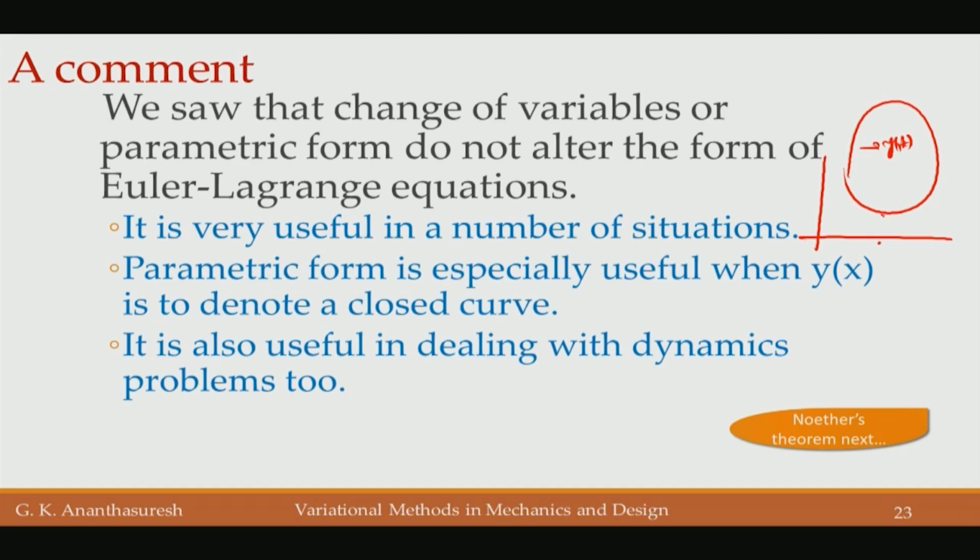But in optimal design or geometry problems, when you have closed curves, it is not really a function. If this is x and this is y of x, for the same value of x, there are 2 values of y. In those cases, parametric form helps, so that you can go around the curve with a parameter t, which goes from t equal to 0 all the way to L.